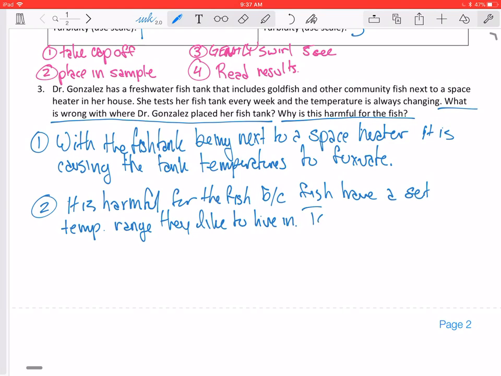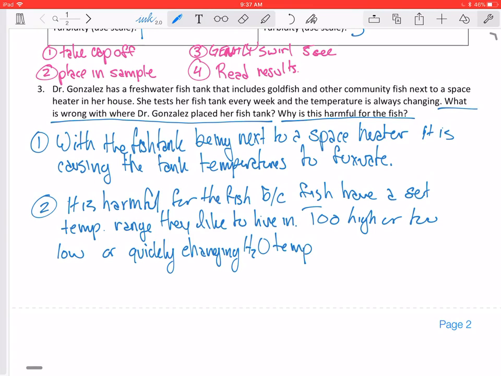So too high or too low or quickly changing water temperatures will result in stressed fish and possibly death.